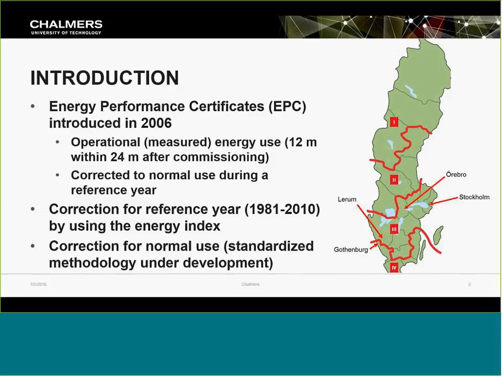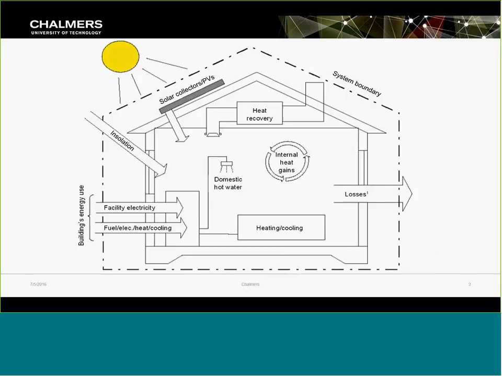The correction for the normal use is not standardized at the moment, but it's made more or less differently depending on who is entering the data. So here we have a standardized methodology, which is under development right now, and that will be implemented during this year, hopefully.